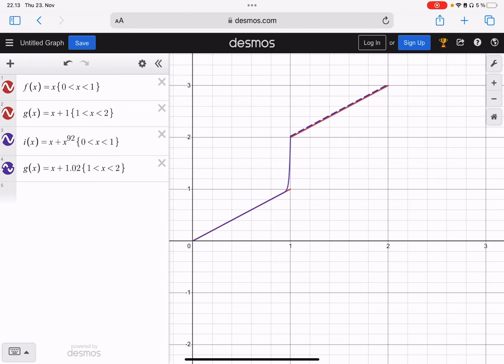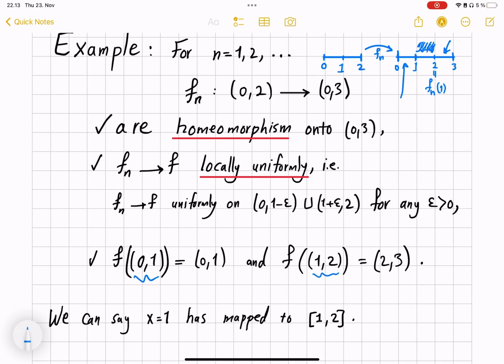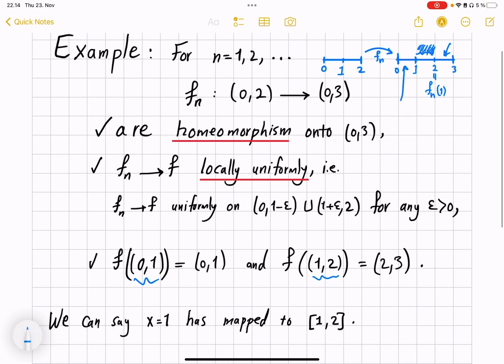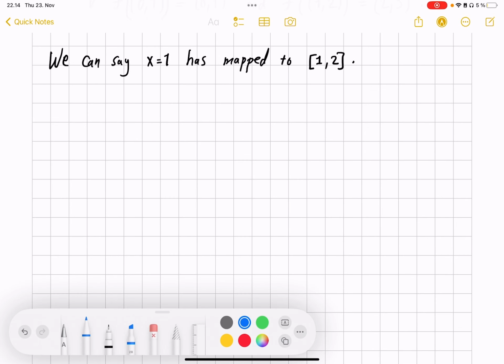So it is possible that a sequence of seemingly very nice homeomorphisms can do extreme things to points on the boundary of the set where this local uniform convergence is happening. Now that I've said this much, let me just draw a picture.